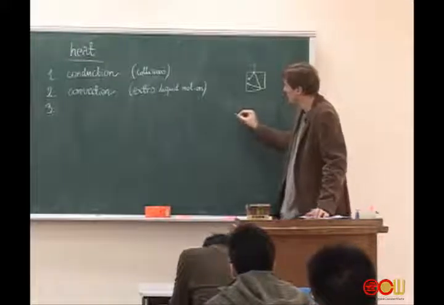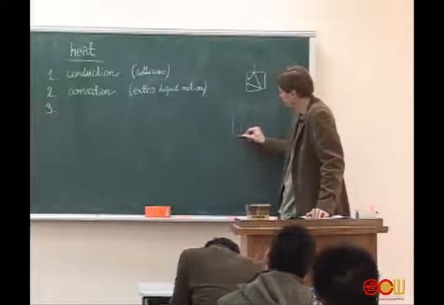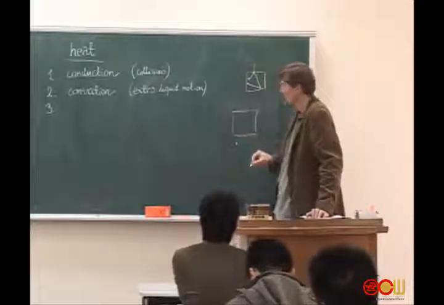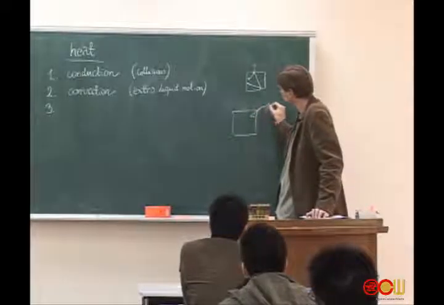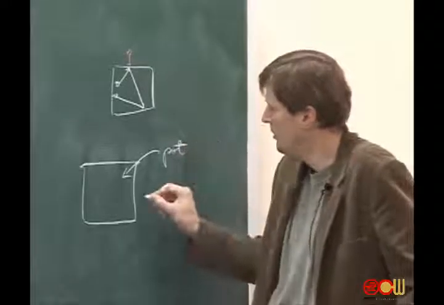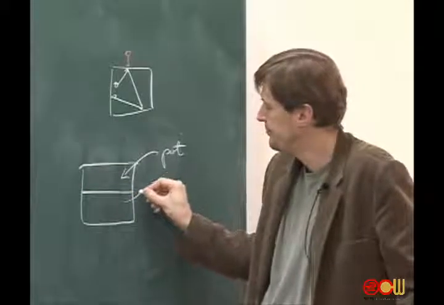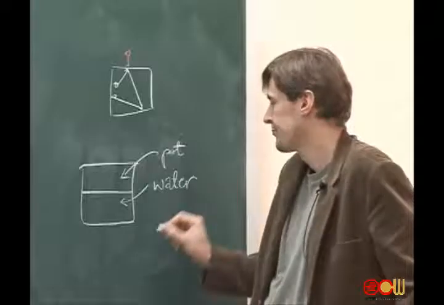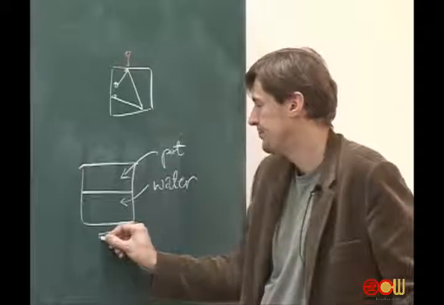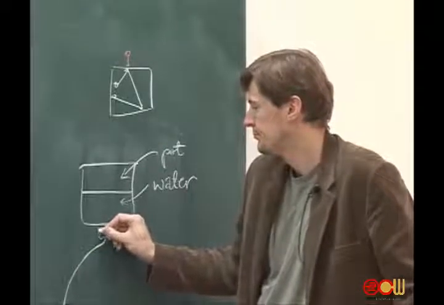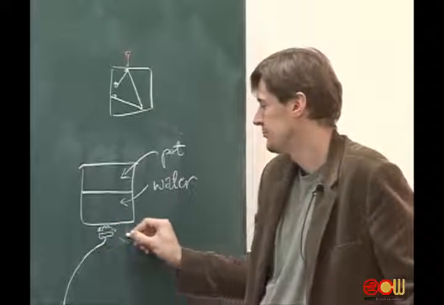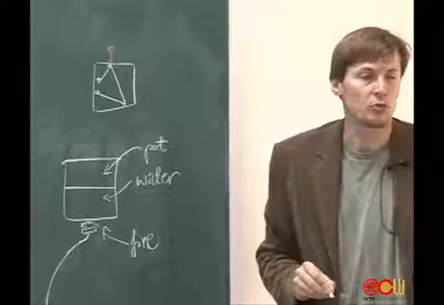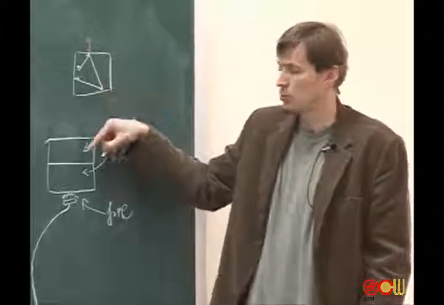Okay. I'll first draw you the situation. When you take a pot and you put water inside, and you put it on the stove, for a long moment nothing is happening when you observe the water.